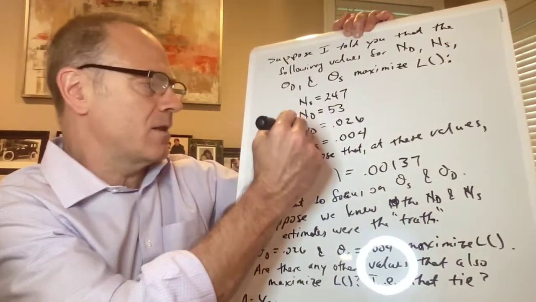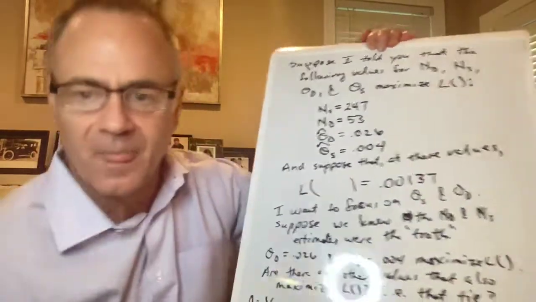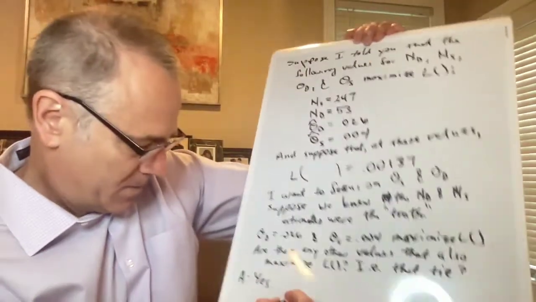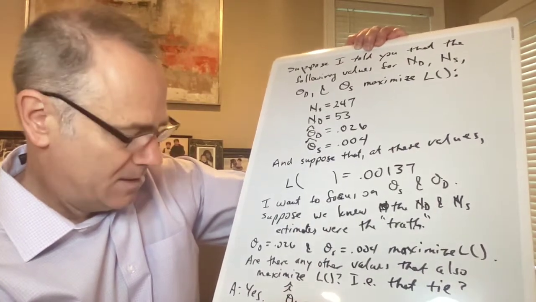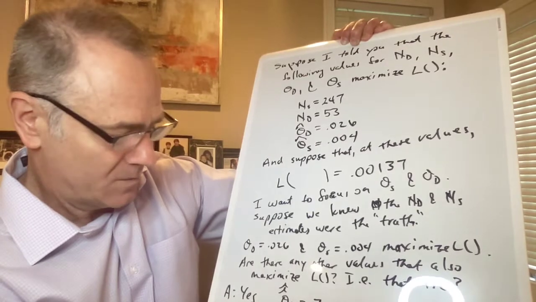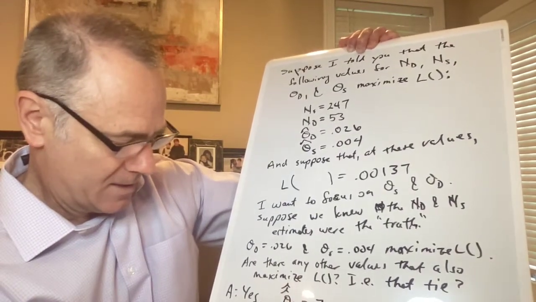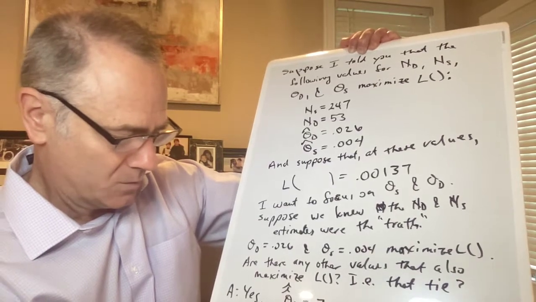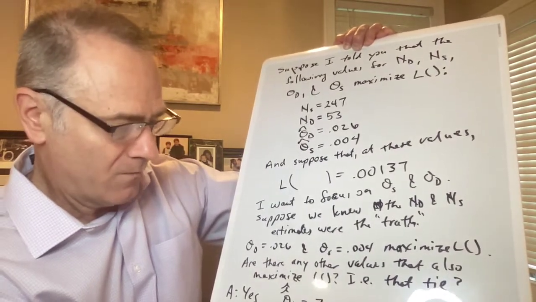Here's one. Let's call that theta hat D and theta hat S. Theta hat D equals 0.7 times 0.026. Theta hat S equals 0.7 times 0.004.